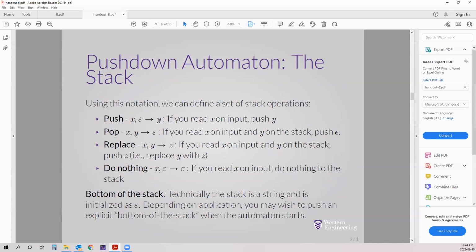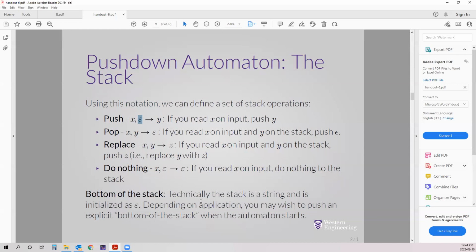So X epsilon Y: if you read X on the input, push Y. X Y epsilon: if you read X on input and Y on the stack, push epsilon. Replace, X Y Z: if you read X on input and Y on the stack, push Z, which replaces Y with Z. Do nothing, X epsilon: if you read X on input, do nothing to the stack.